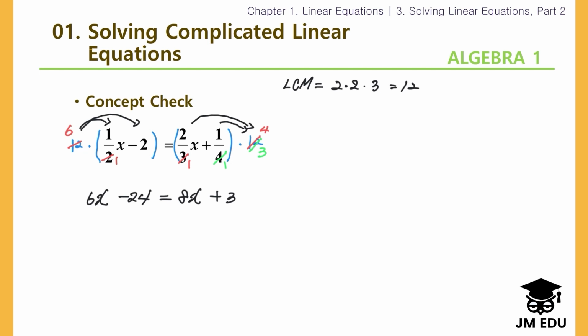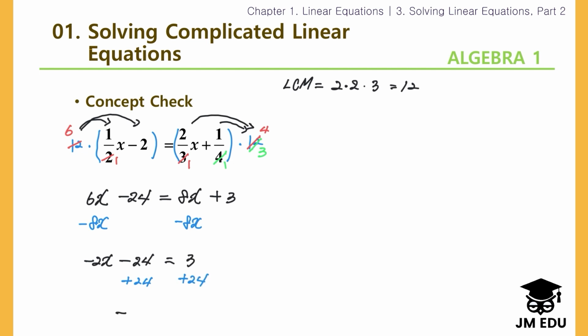So far, so good. Now, we're going to eliminate 8x by subtracting 8x from each side, right? So that's going to be 6 minus 8, that's minus 2x, minus 24 is equal to 8x minus 8x, that's 0. So plus 3, that's 3. Now add 24 to each side, plus 24 plus 24.